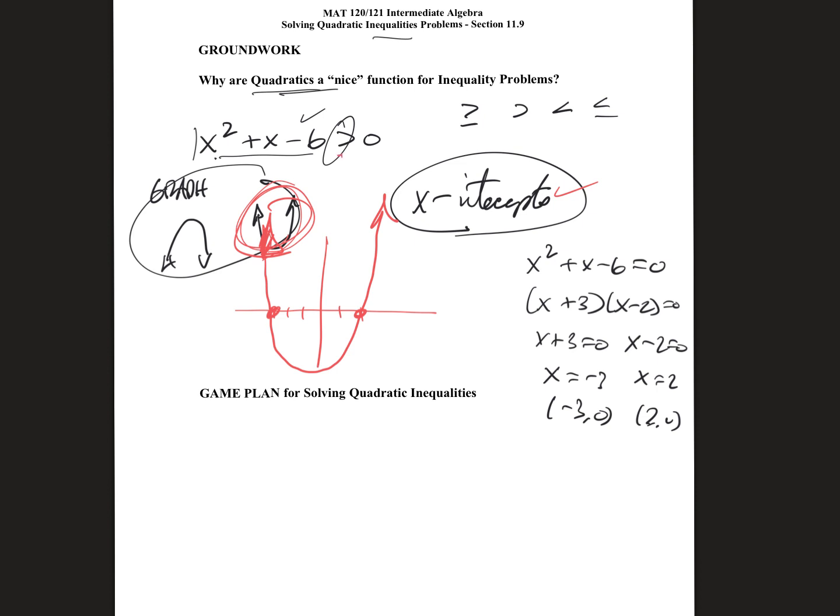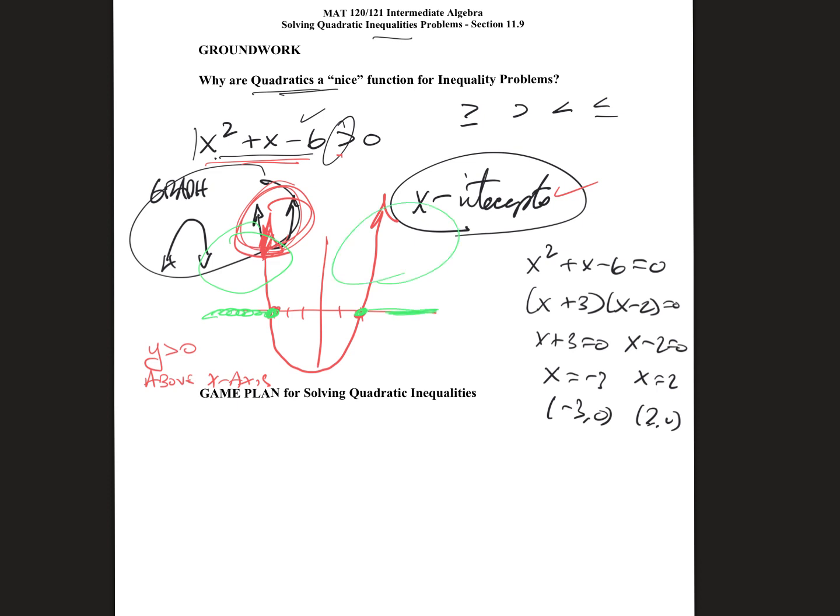Back to the inequality, I want to know when this function is greater than 0, which basically means that y is greater than 0, which basically means we are above the x-axis. So you can see for the little problem that I made here, starting at this guy here and for x values here, the graph is above the x-axis. And starting at this x-intercept here, and for these x values there, we are above the x-axis.